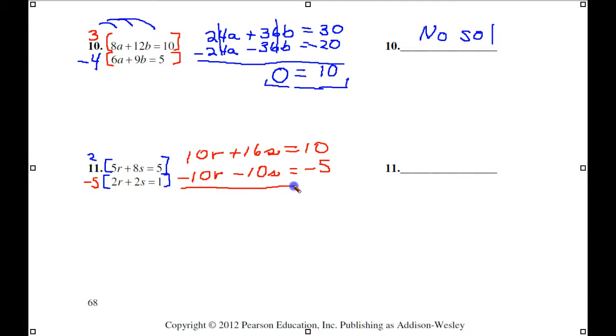I put my line. These now will cancel out. I've eliminated the r's. So this becomes a 6s, and that equals a 5.